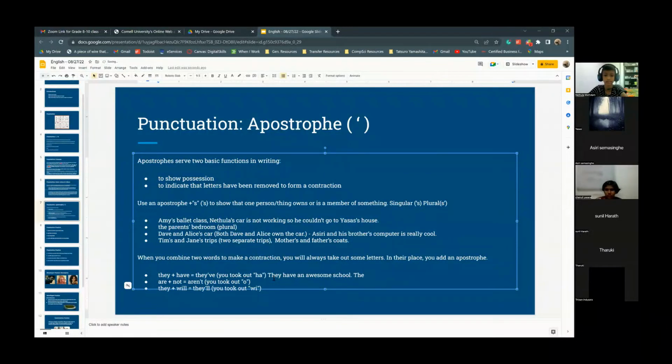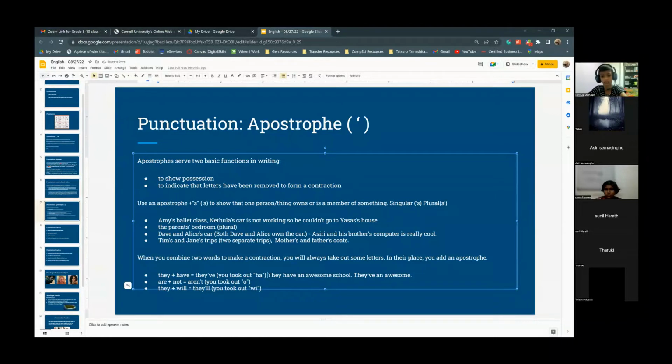Remember, this is informal. So if you're writing an essay for English, or just in an English speech, try to stay away from contractions, which is just combining two words together. It's more informal.